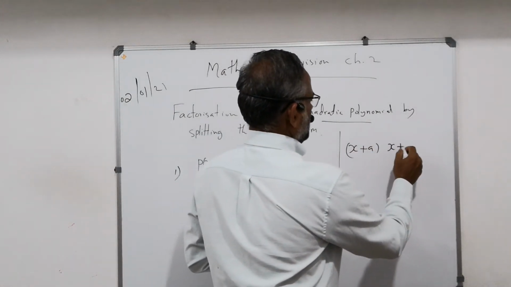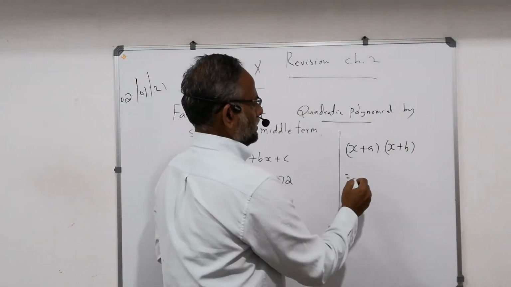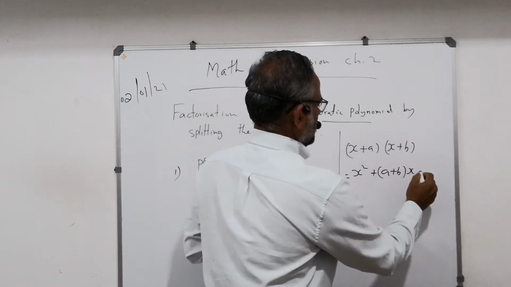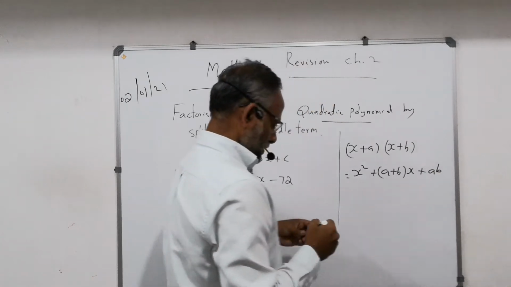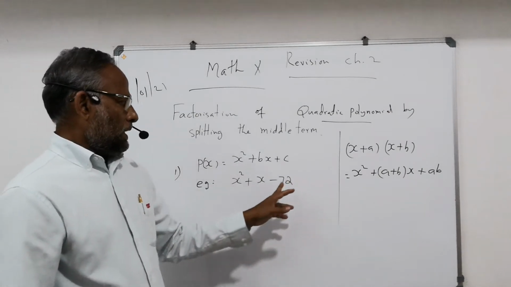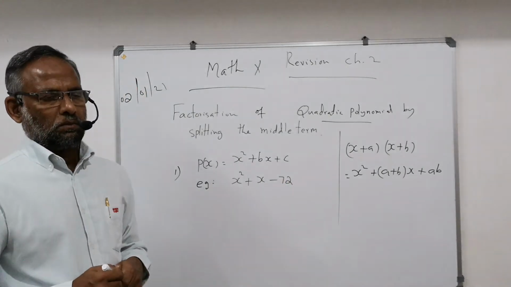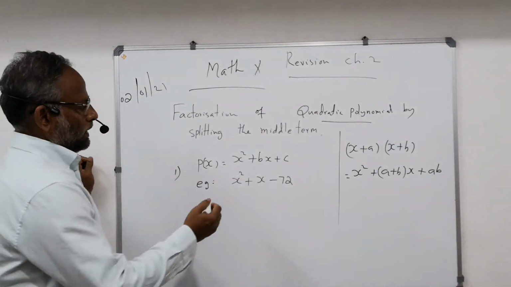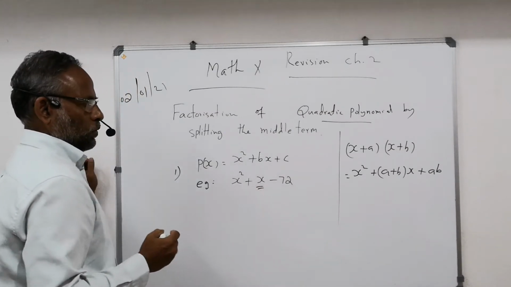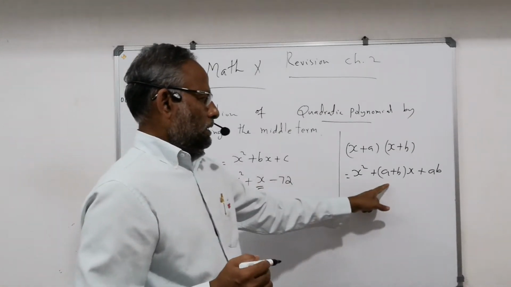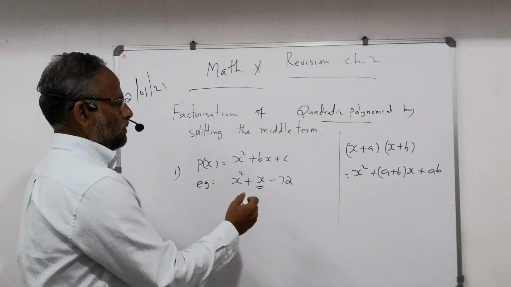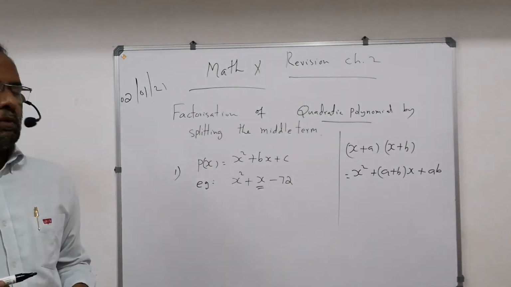(x plus a) into (x plus b) is equal to x square plus (a plus b)x plus a into b. Listen, here x square plus x minus 72. Now we can see, instead of a plus b, here that is 1 into x, then a into b. What is a into b? Minus 72.